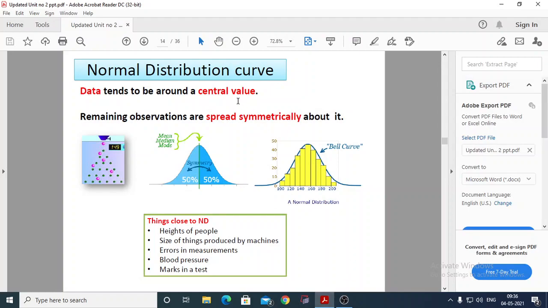In yesterday's lecture, we saw the normal distribution curve. This normal distribution curve is a symmetric curve, or we can say the bell-shaped curve.